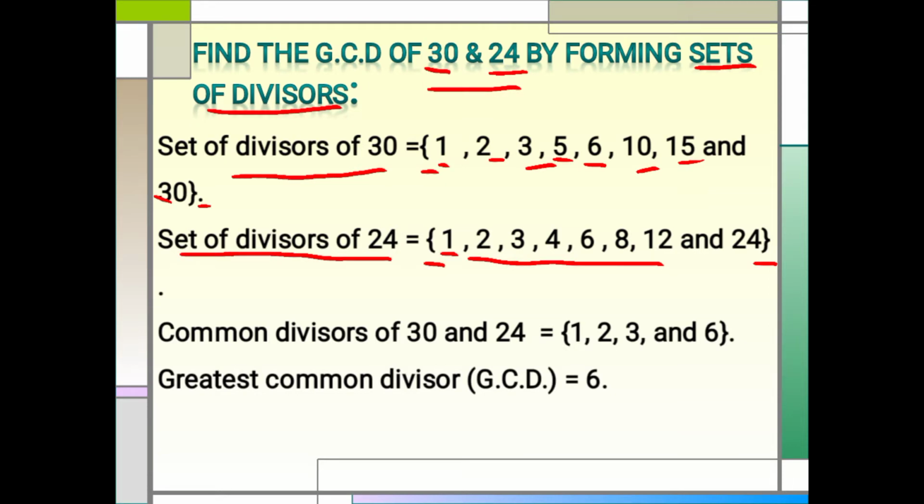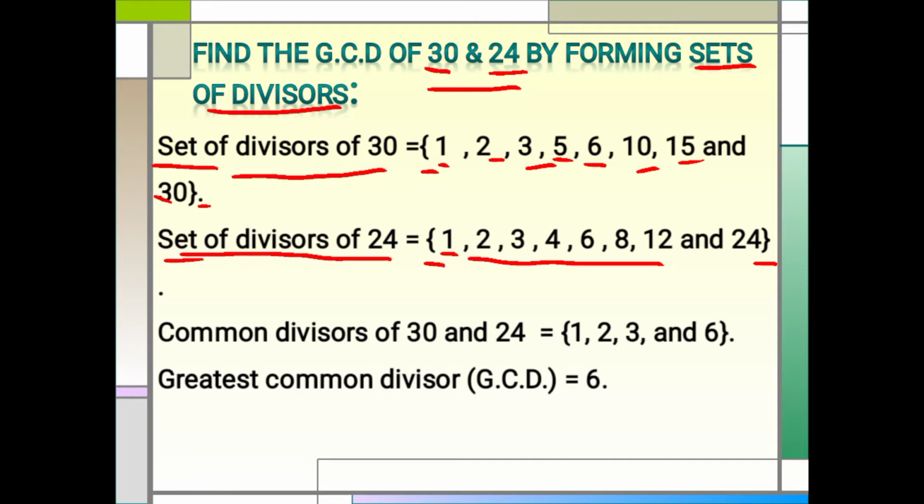So what does it mean? If you are going to form a set of anything, you will place the numbers inside the curly brackets, and it is a must. Please do not use square or round brackets. Write it down inside the curly brackets. That's why it is called the set of divisors of 30 and the set of divisors of 24.